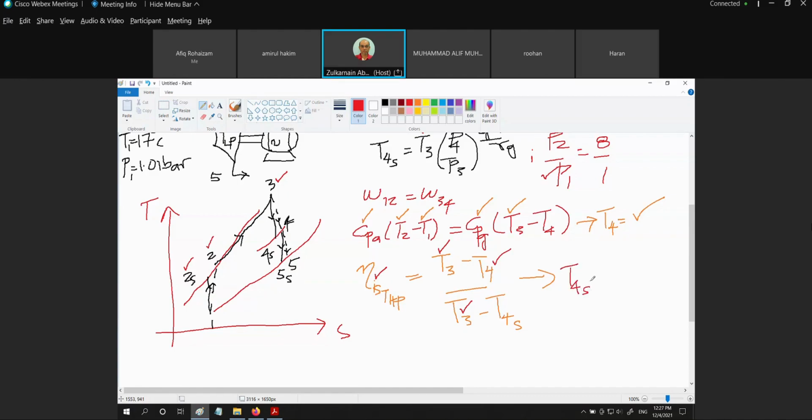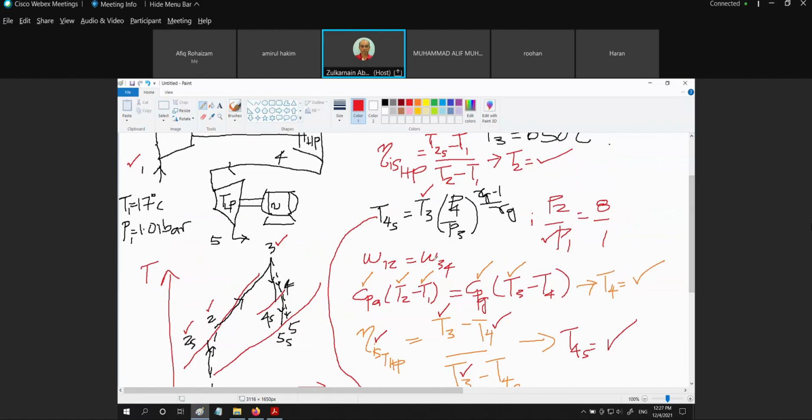And if we look back at the equation that we have written before this one, that P4, sir, which cannot solve our problems now, that is 4S.